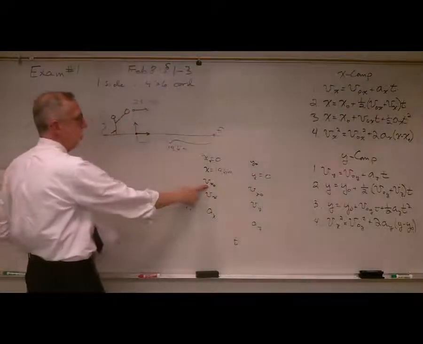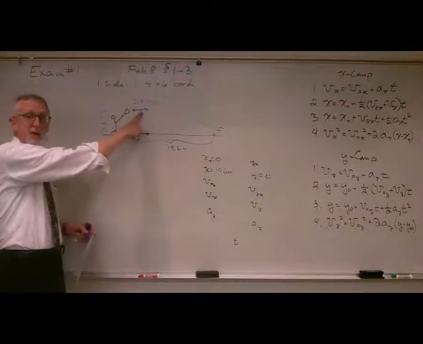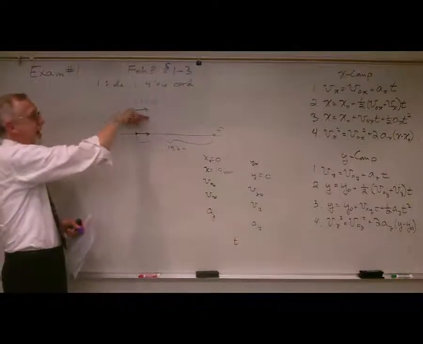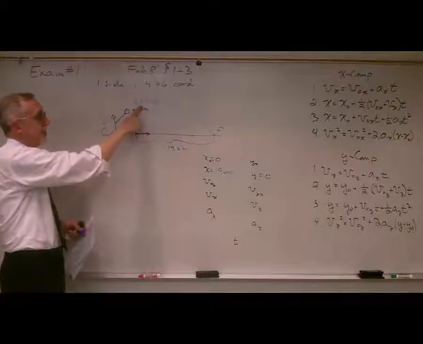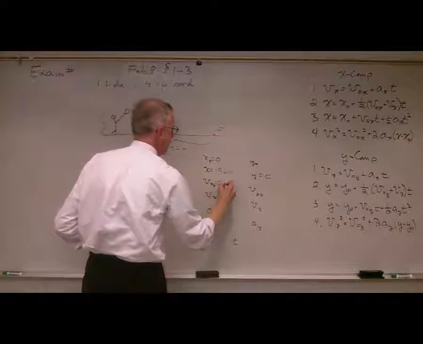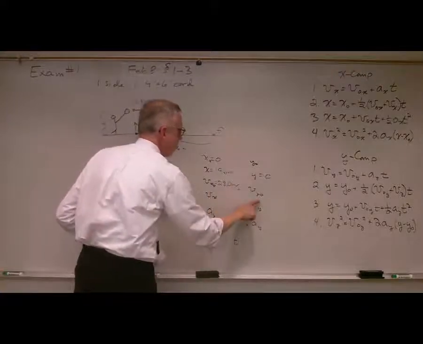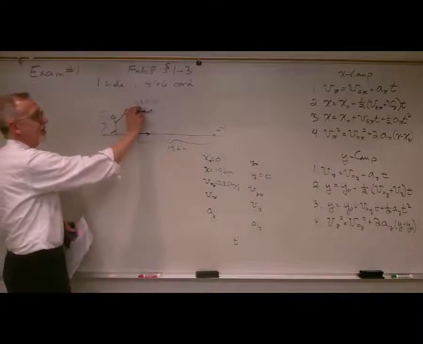All right, vx naught, the initial velocity in the x direction. Well, initially the ball is hit horizontally. So what is the initial x component of the velocity? Well, it's the whole thing, 28.0 meters per second. What is the initial y component of the velocity? Well, it is hit horizontally.